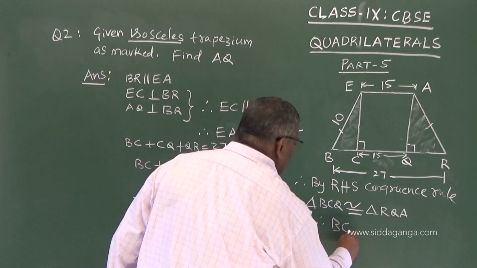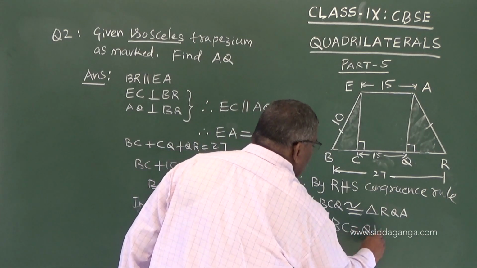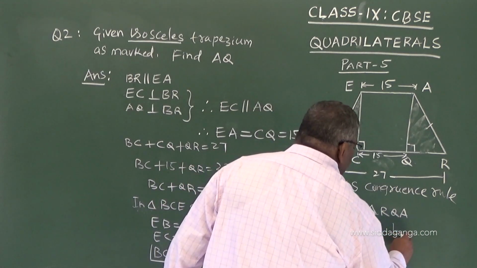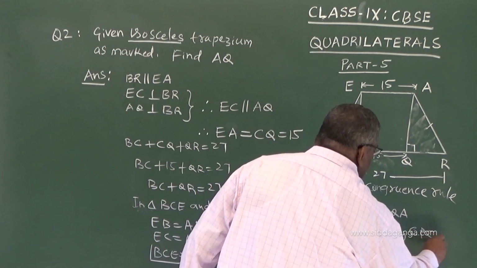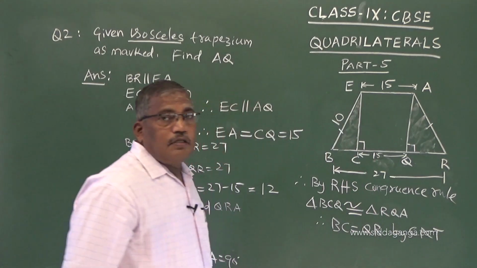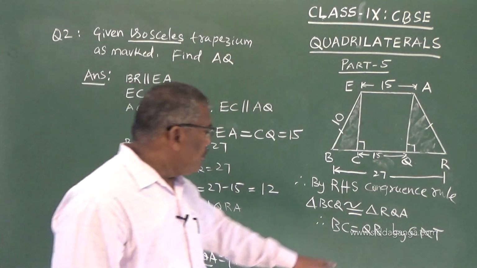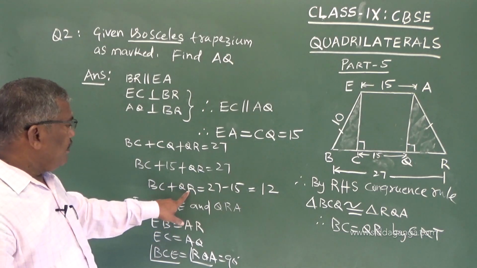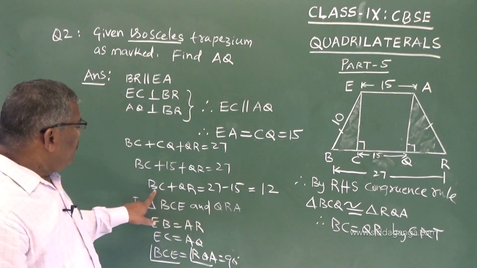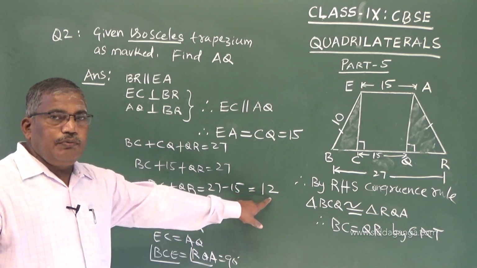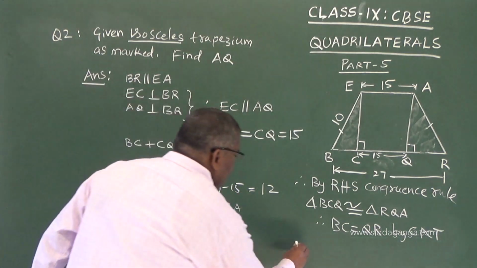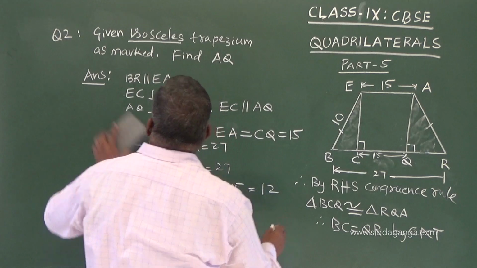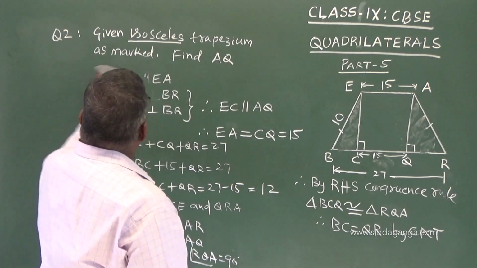So therefore BC will be equal to QR by, remember this, CPCT, corresponding parts of congruent triangles. So here these two are equal. So therefore BC plus BC is equal to 12.